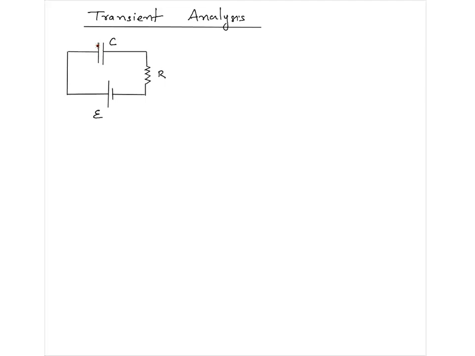What are the different parameters that we can have? So that is the transient state analysis. There are two things in transient analysis: one is the charging of the capacitor and the other is the discharging of the capacitor. Right now you are seeing charging of the capacitor.